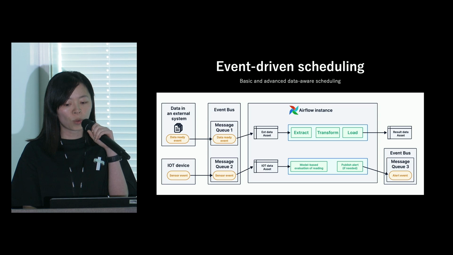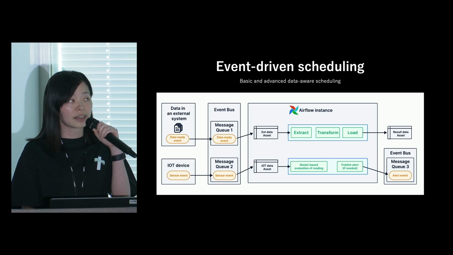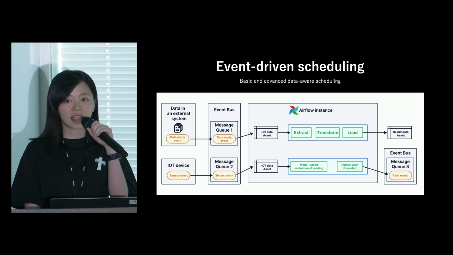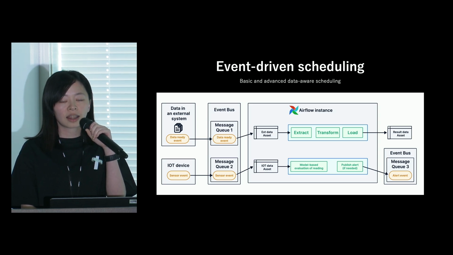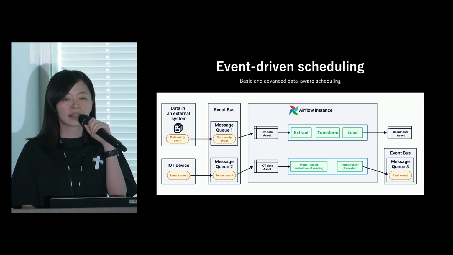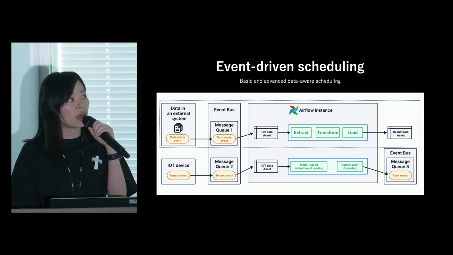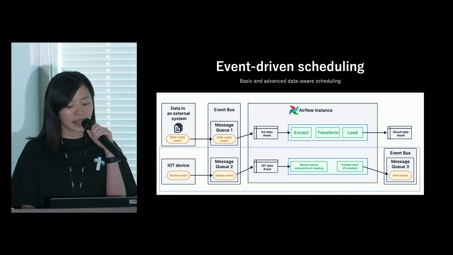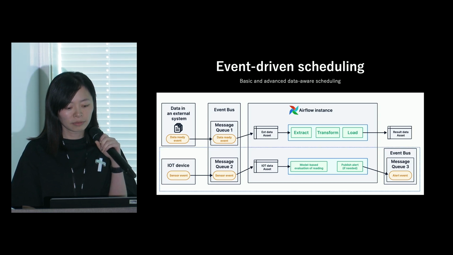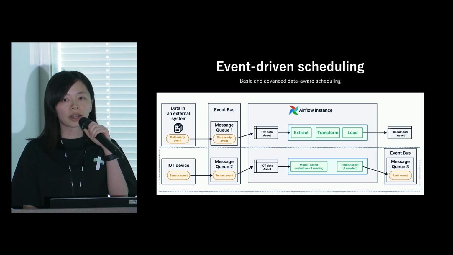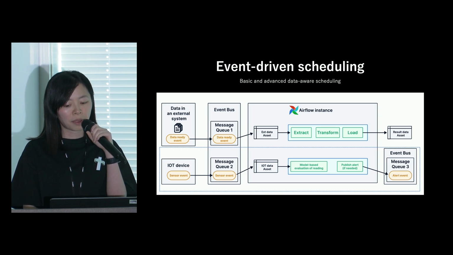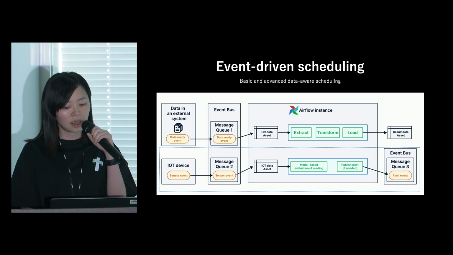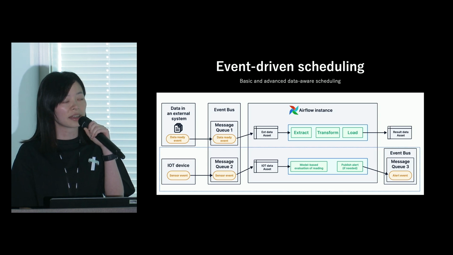Airflow can now support event-driven runs. Instead of running on time, it reacts to outside events, like a message saying data is ready, or a sensor sending a signal. Event-driven scheduling is useful when data updates come from other systems. This keeps pipelines more responsive and saves computing time.